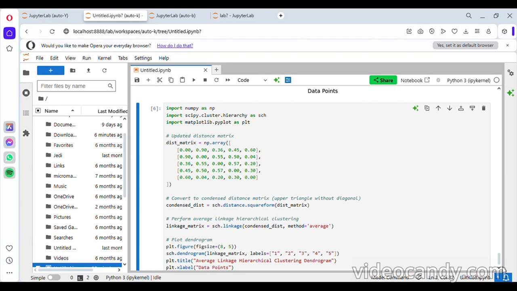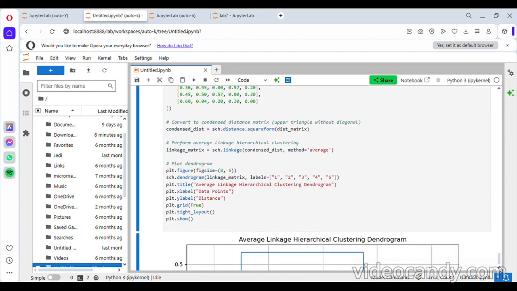Now we move to performing the average linkage hierarchical clustering using the function sch.linkage with the condensed distance in brackets. Then we define the method to be average, because we are talking about average linkage here. Then we have the procedure for the plot. The figure size is 8 by 5.